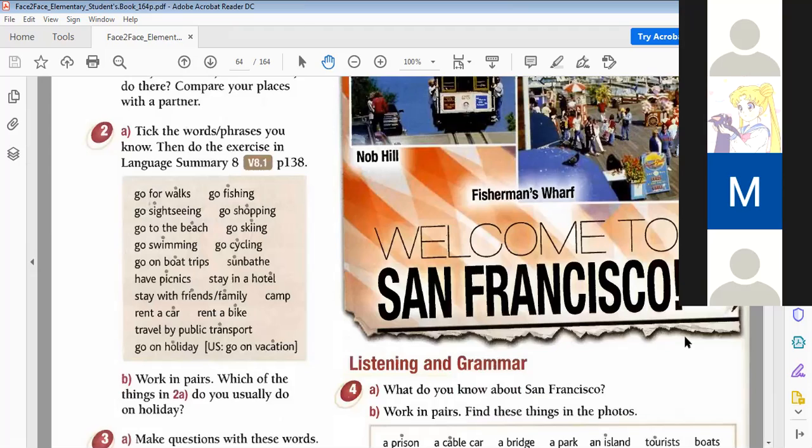Why do you prefer staying in a hotel? Why do you think it's better? Because the food is... because it's, how do we say it, more relaxed, without cooking and other things.